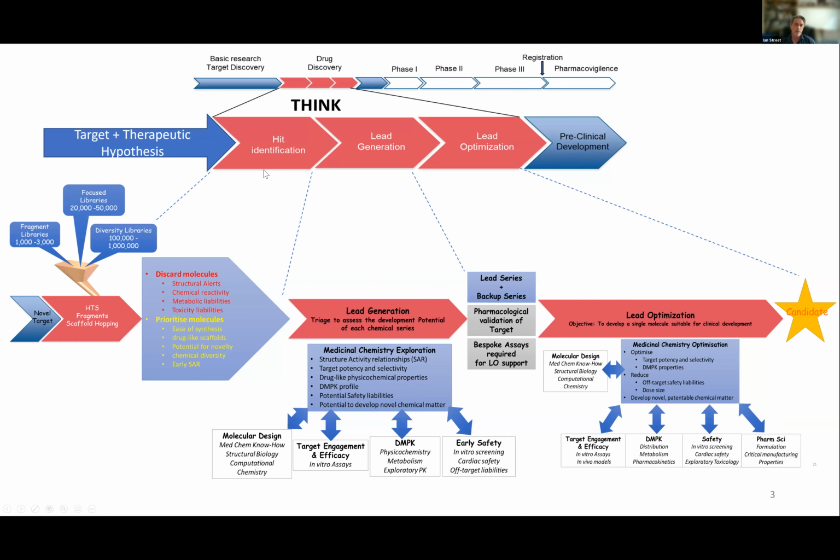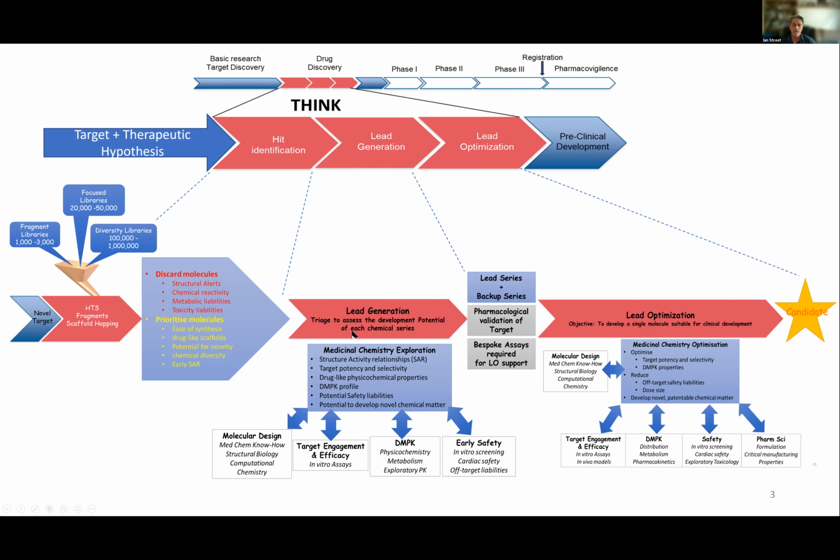Typically, the discovery process is divided into three stages. The first one is hit identification, where you first introduce chemistry to the biology of the target and find simple molecules that will form the starting place for your medicinal chemistry program. Lead generation is the next phase, where chemistry begins in earnest.